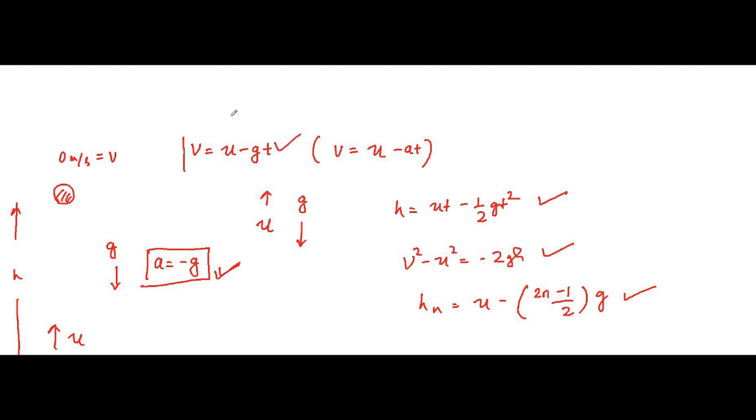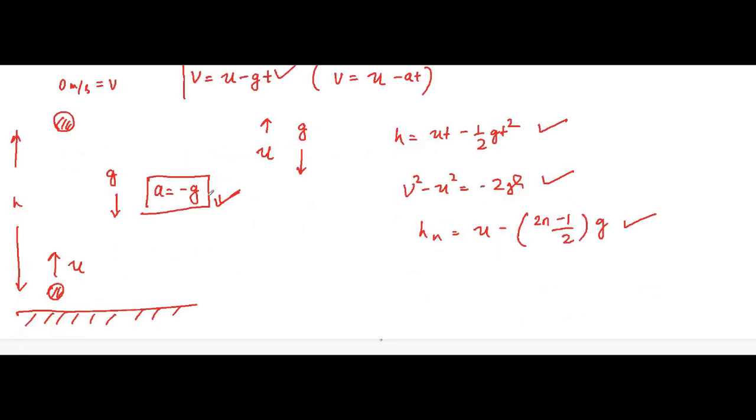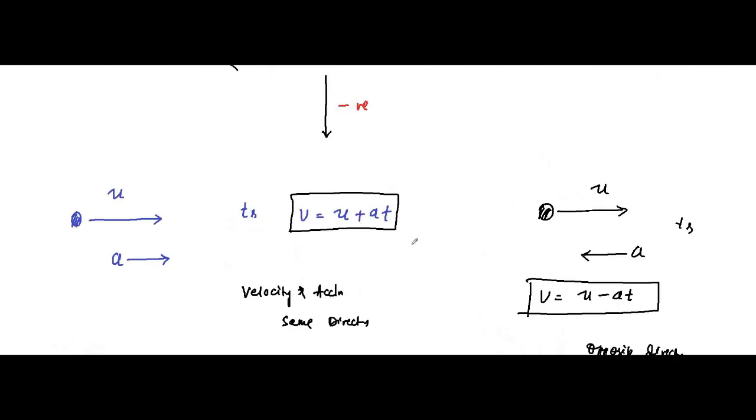So always remember this. Whenever the direction of the velocity and the direction of acceleration are in the same direction, then it supports the motion and we get an equation like u plus at. Acceleration is positive with respect to velocity. When they are in the opposite direction, acceleration is negative with respect to velocity.